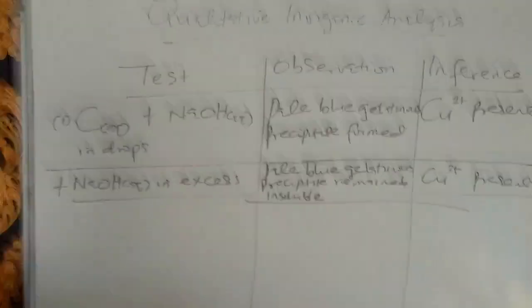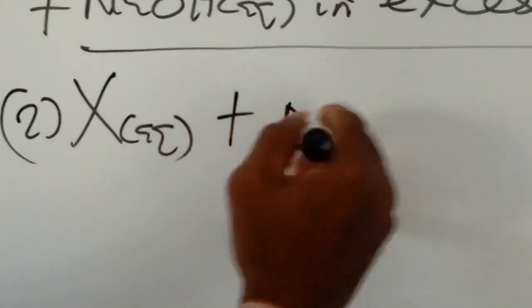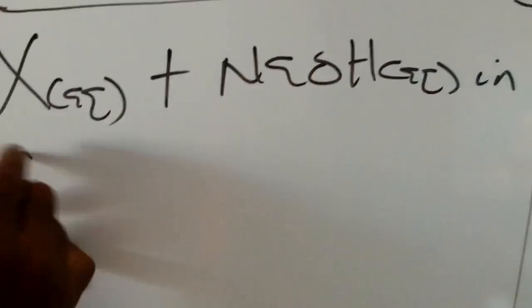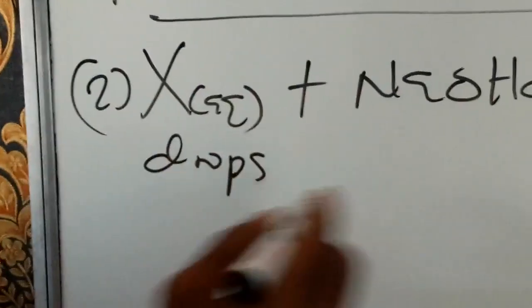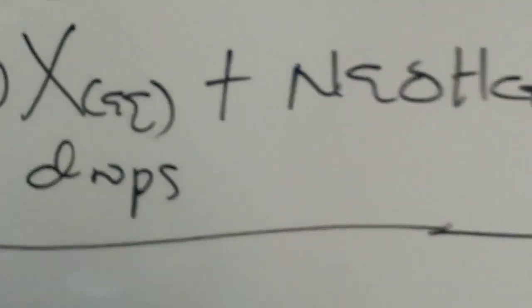So we're going to do another test. Let's take an unknown salt with label S, and we're adding the same sodium hydroxide aqueous to it, in drops and then in excess. Let's see what we're going to have when we take another solution and add this chemical to it.